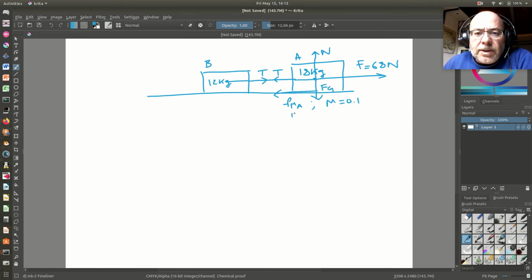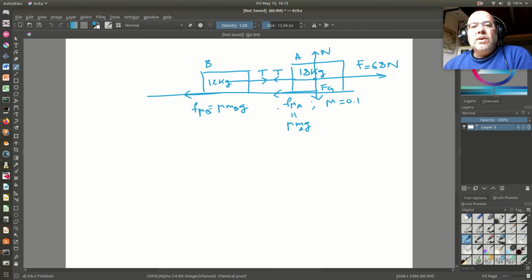The frictional force is generally given by mu mg, which is equal to mu times the normal force, where m is the mass of A here. And then similarly for block B, we have a tension T and a frictional force given as mu mBg.